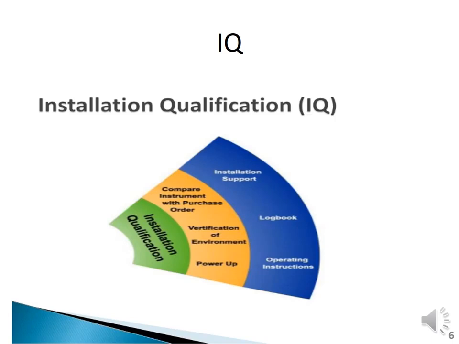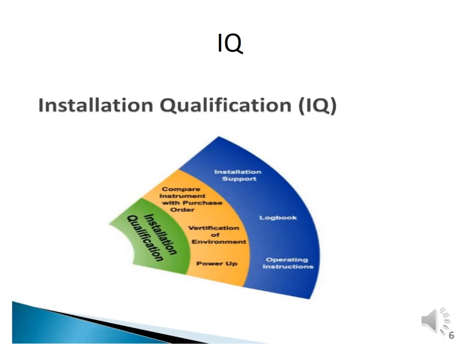This is a diagram which is interpreting the installation qualification in more detail. So just look at the center of this diagram, installation qualification, and in the second circle a few things are given, like power up, power supply, which is important while you are doing the installation.